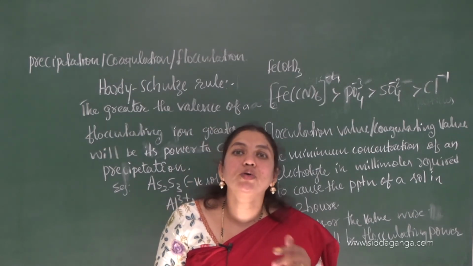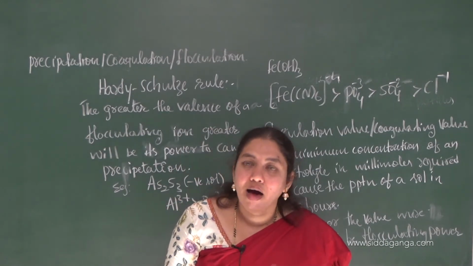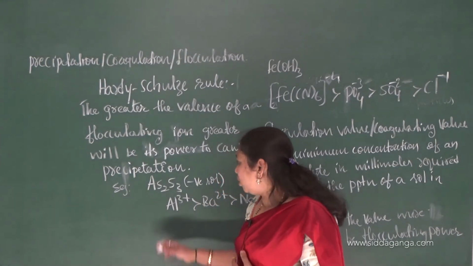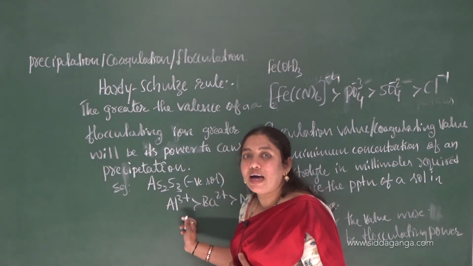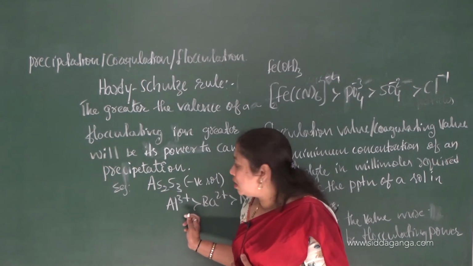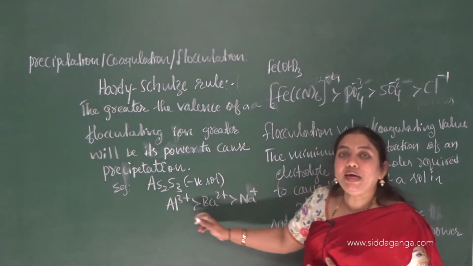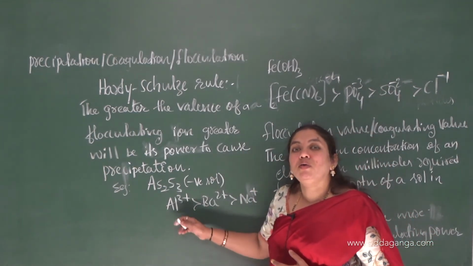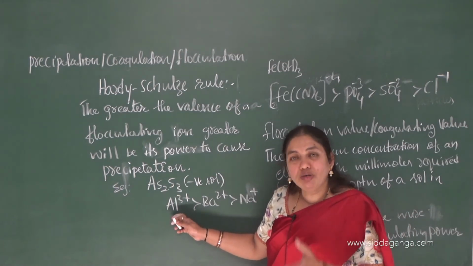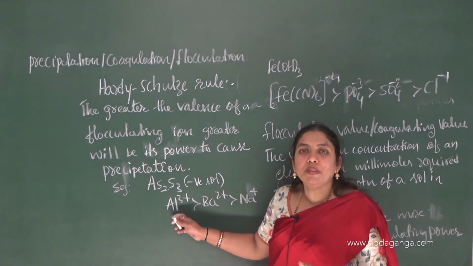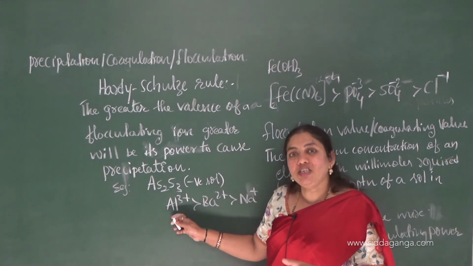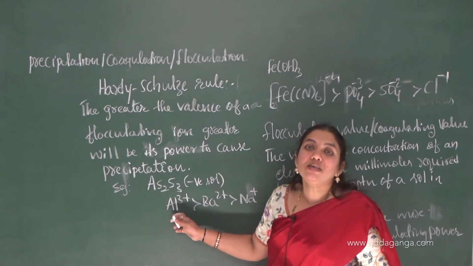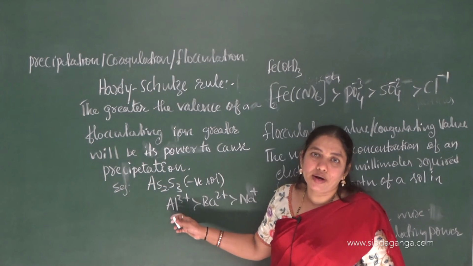Keep that concept in your mind. They may give salts or electrolytes of these ions and ask you to compare the flocculation power. Then you dissociate them and look at the charges, and the one with the highest charge will have the highest coagulating power. Keep that in mind.